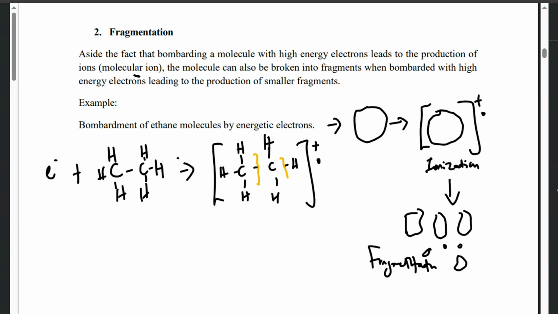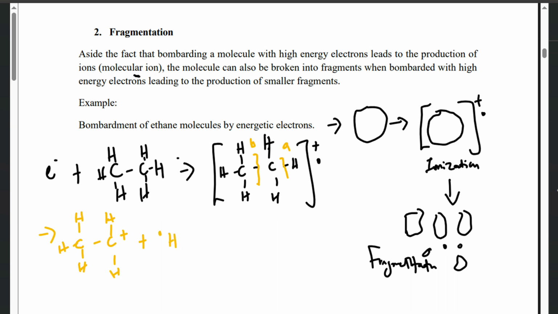Let's say this is A and this is B. The first one could be CH3-CH2 positive plus a hydrogen radical.